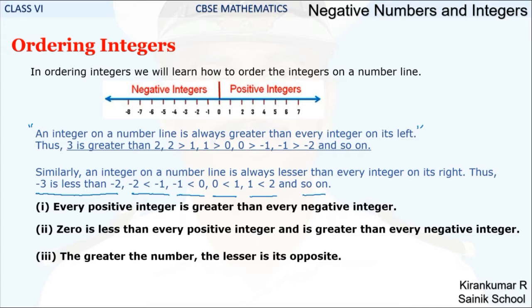So for example, if you consider 100 and minus 100, minus always indicates that it is smaller. When you have two negative integers, say minus 100 and minus 99, the greater number is minus 99.